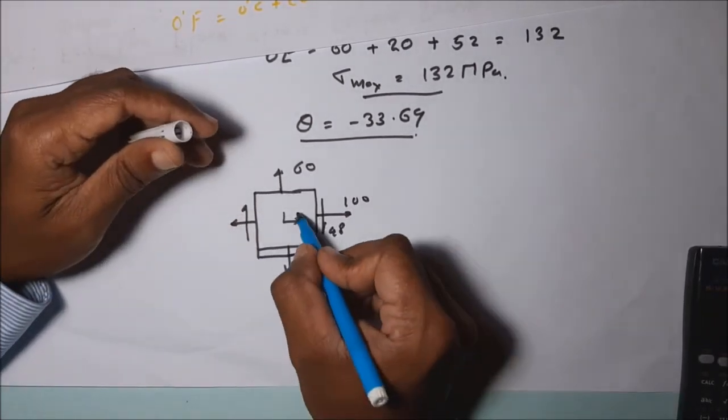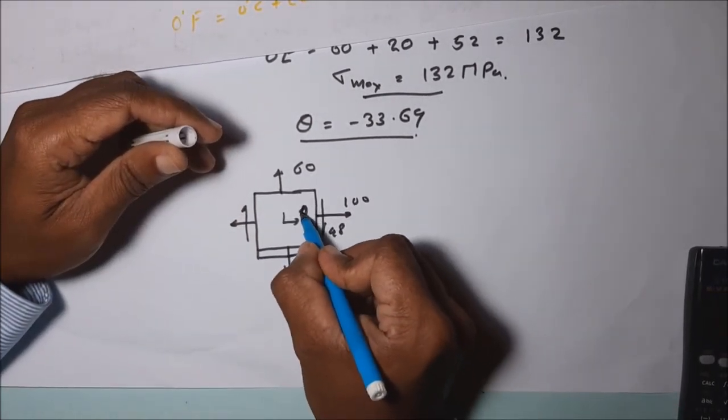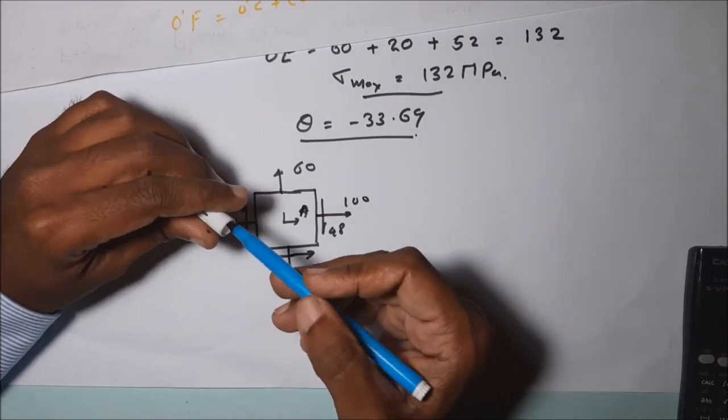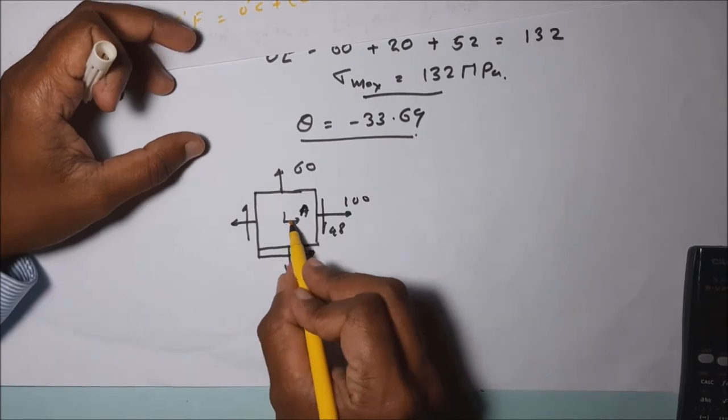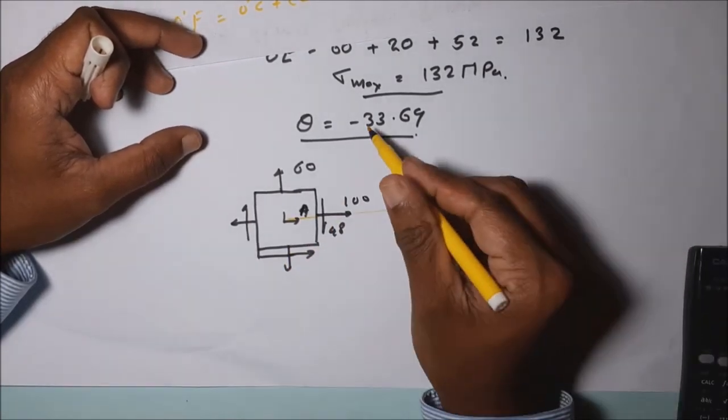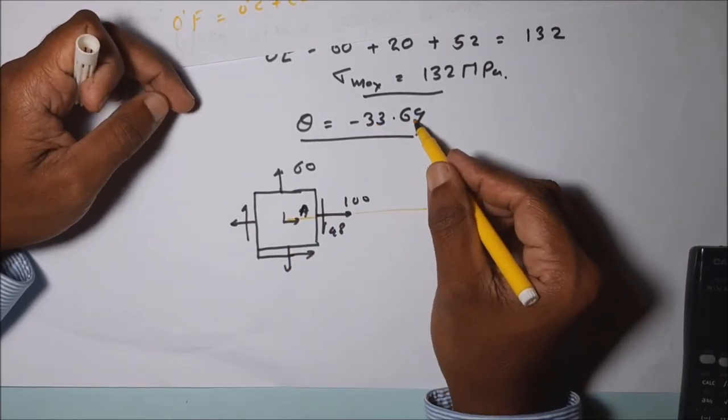Then from the positive x coordinate direction, this is the reference point, the A plane. Then from this A plane, you have to measure angle minus 33.69.